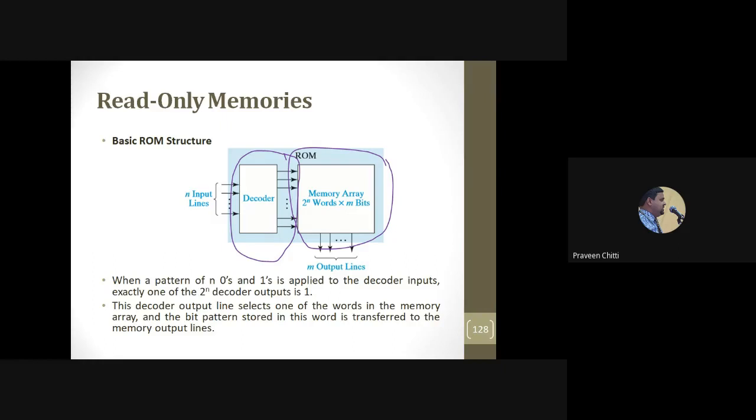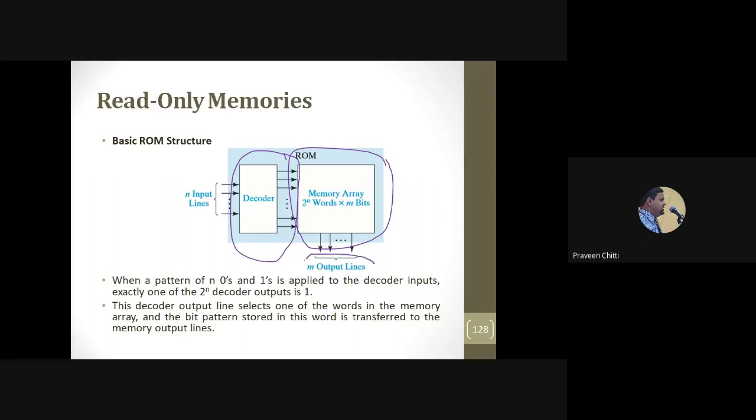That's why we compulsorily need to use this decoder, which acts here as an address decoder.